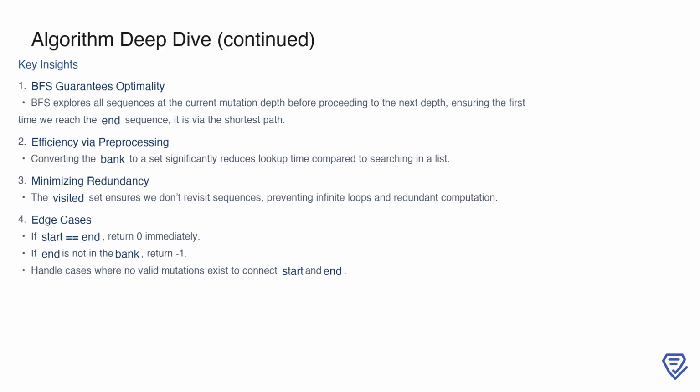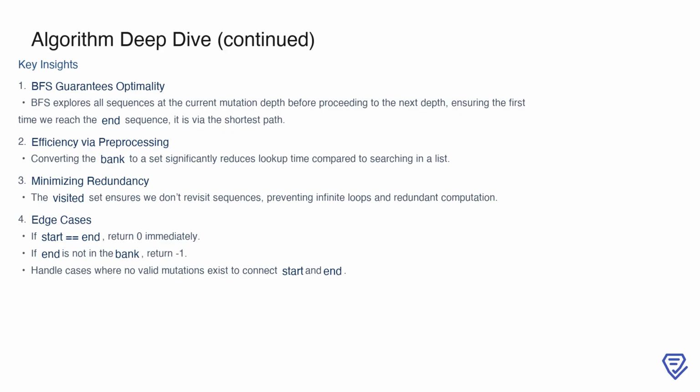Several key insights help us understand why this approach is effective. First, BFS guarantees optimality because it explores all sequences at the current mutation depth before moving deeper, meaning the first time we reach the target sequence, it is through the shortest path. Second, converting the bank to a set significantly increases efficiency by reducing the time required to check if a sequence is valid.